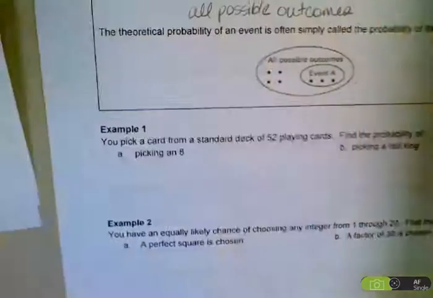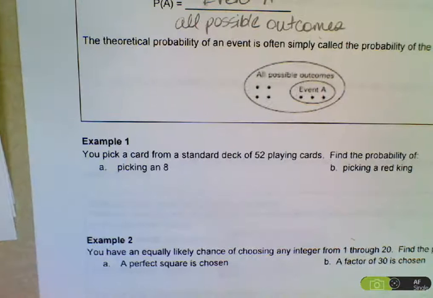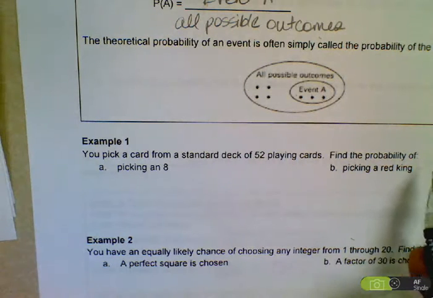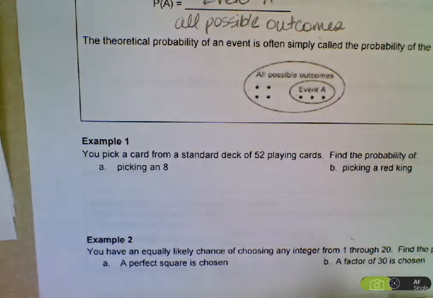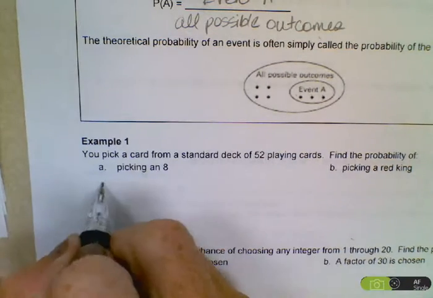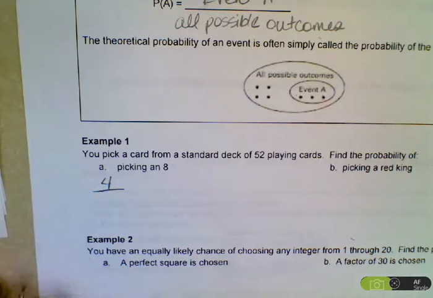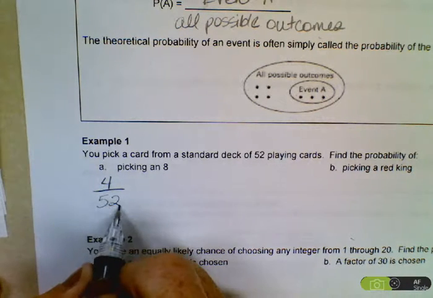This part of probability and stats is actually fairly straightforward. You pick a card from a deck of 52 playing cards. Find the probability of picking an 8, and then we're going to do picking a red king. In a deck of 52 cards, 4 of those cards are 8s, 1 from each suit, out of a total of 52 cards.